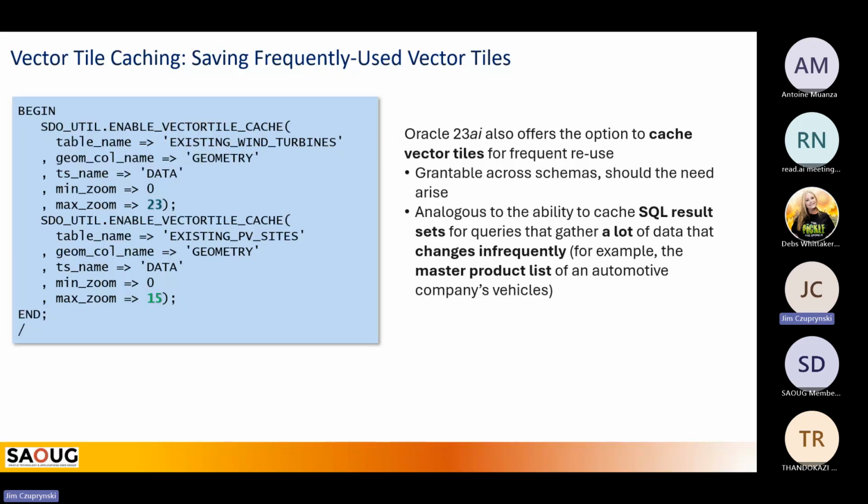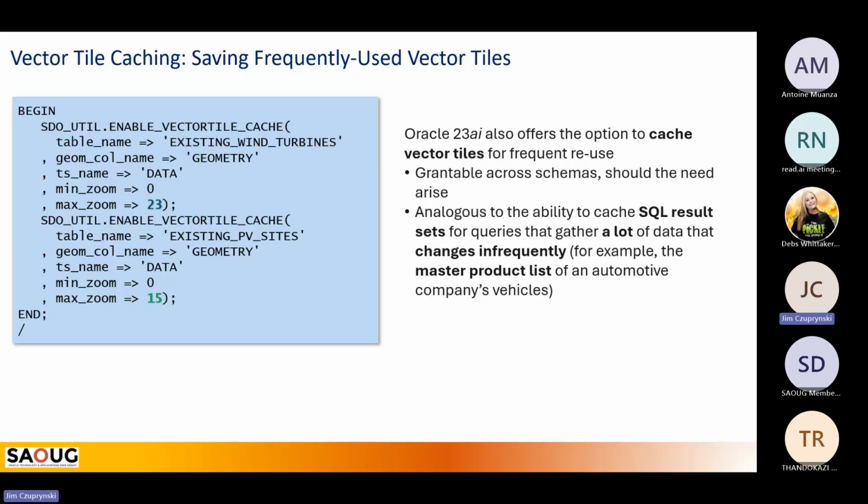I want to load them and keep them in the database memory so that when people go after them, because it does take some math, right, to calculate these things and save them, I can retain them much like a SQL result cache. But except instead of it being a SQL result set, I'm caching vector tiles. So here's how you would enable vector tiling. Notice that I can enable different maximum levels of zoom or of resolution.